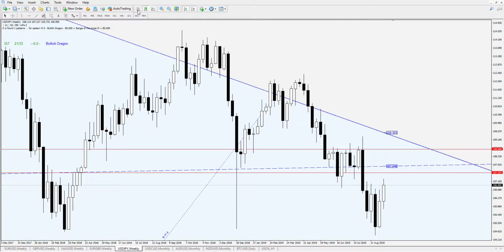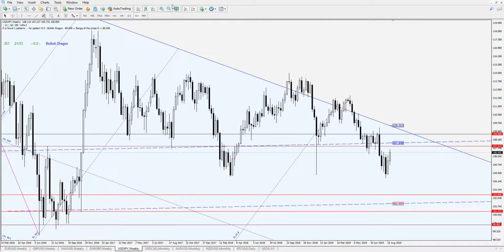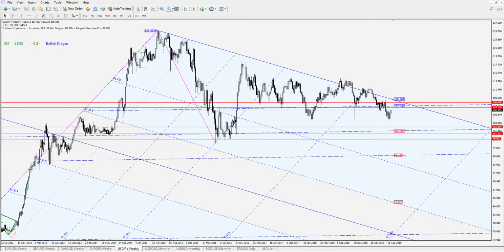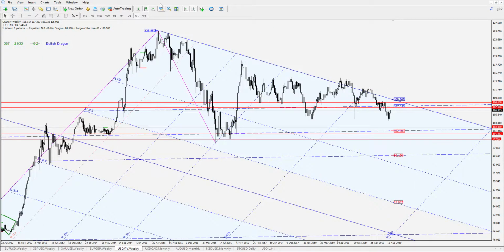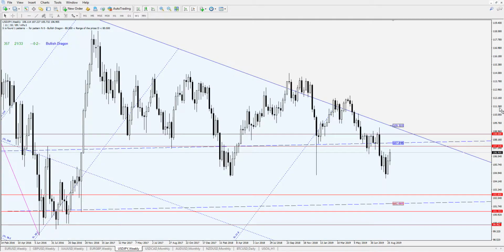Weekly. Okay, you've got descending pitchfork, very large. There's those supports on the monthly. We've got a bullish sequence again. The pitchfork's quite bearish. And so we see 107.84 resistance, 109.50, and support 102.003.